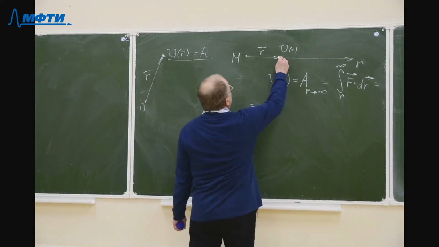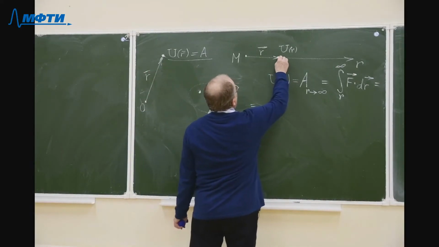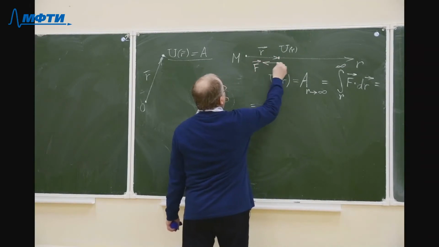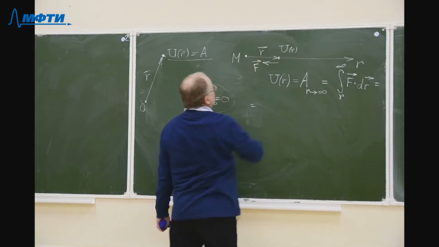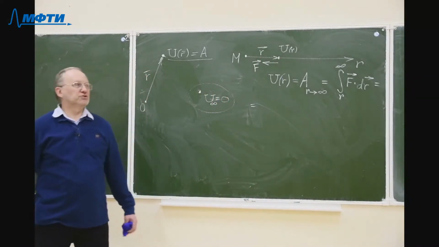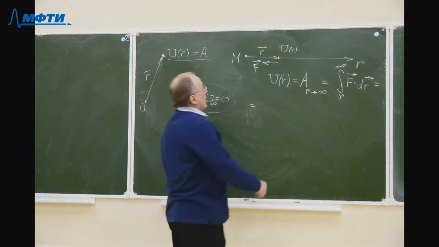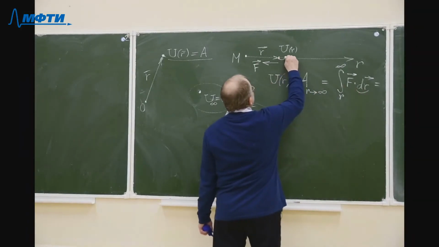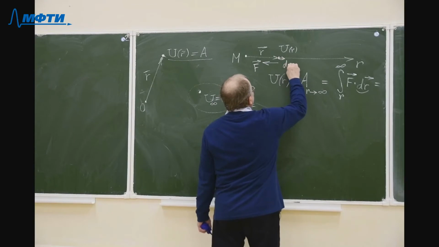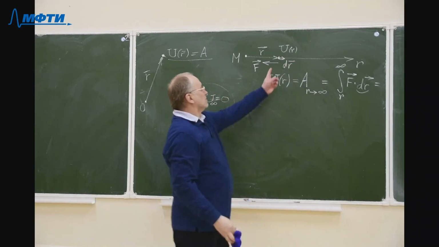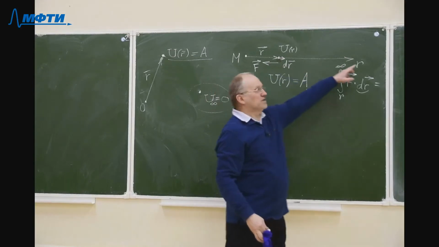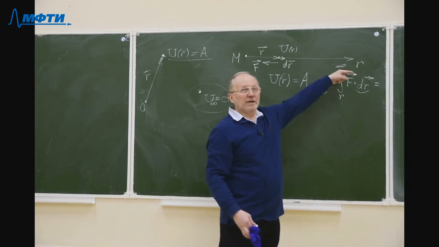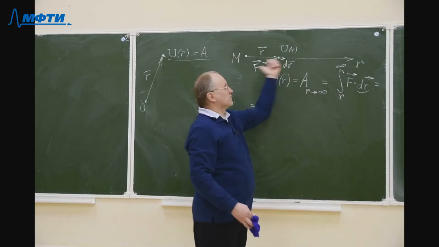In our case, the force is directed towards the gravity mass. This is the force of attraction described by Newton's law of universal gravity. And dr, the small displacement, has the opposite direction. As we move from point r to infinity, small displacements along the path will be positive, and the vector of force will have opposite direction.